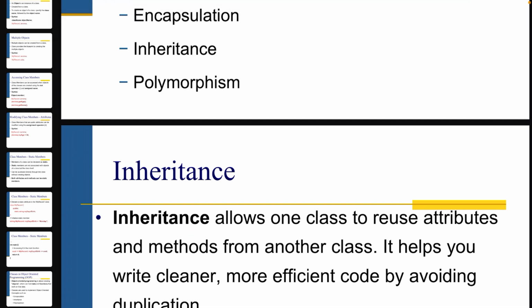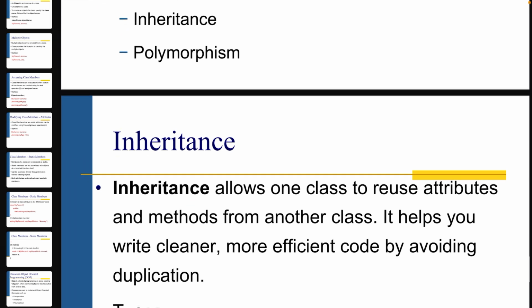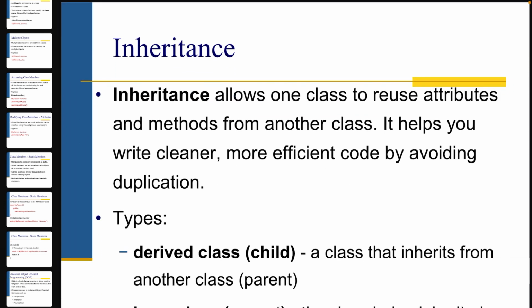So we start with inheritance. Inheritance allows a class to reuse attributes and methods from another class, and it helps you to write cleaner, more efficient code by avoiding duplication.